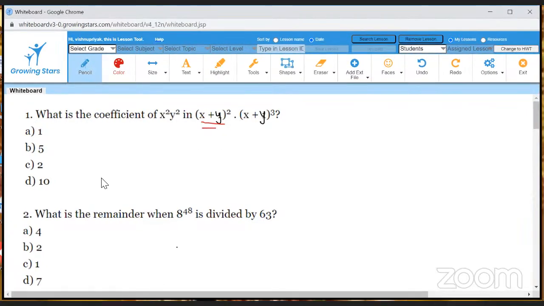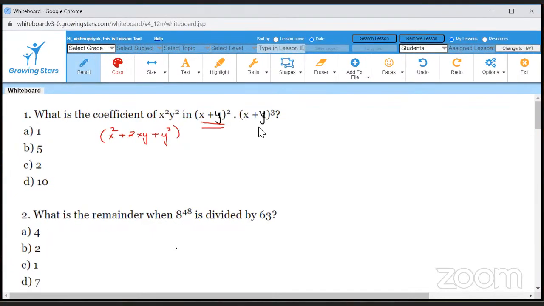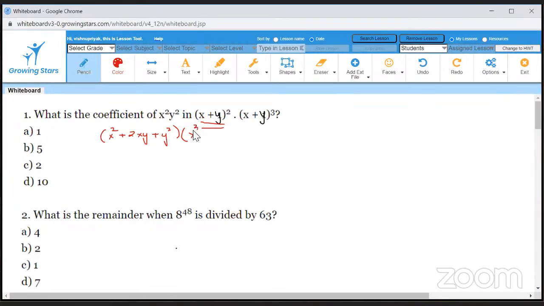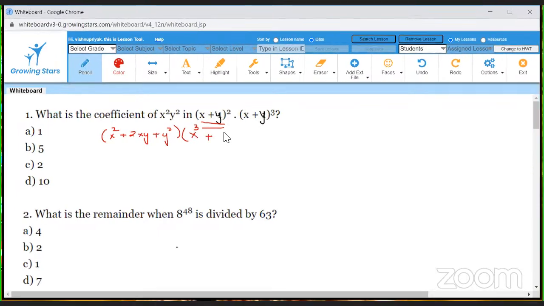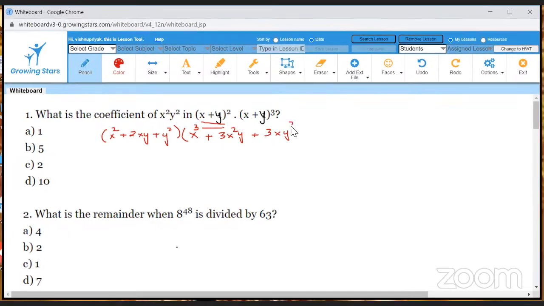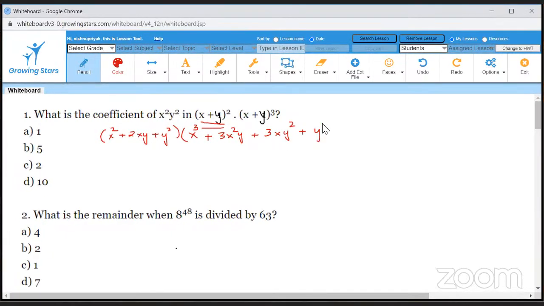First, we will expand x plus y whole square: a square plus 2ab plus b square. a plus b whole cube: a cube plus 3a square b plus 3ab square plus b cube.